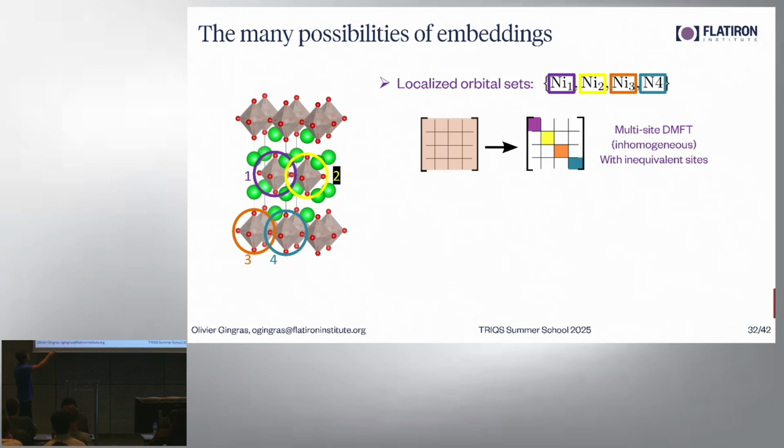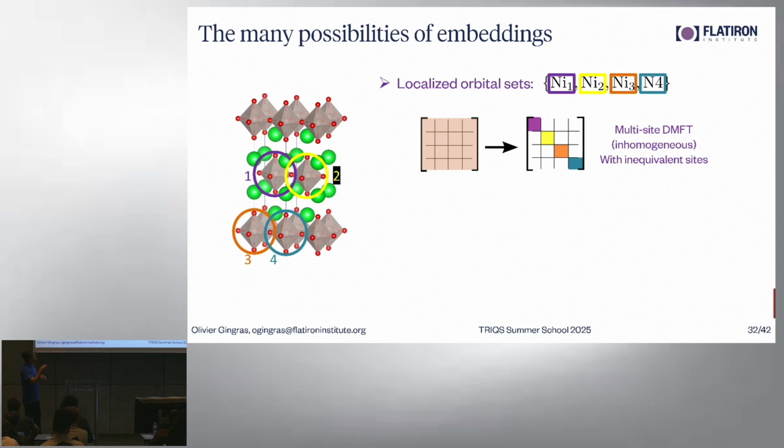Then my embedding would create something like this, where each of these blocks, associated to these degrees of freedom in my space, would be mapped to a different impurity problem. I would do DMFT on each of them, bring them back into my whole self-energy, and embed back, right? So this is multi-site DMFT, or inhomogeneous DMFT, where you have many atoms.